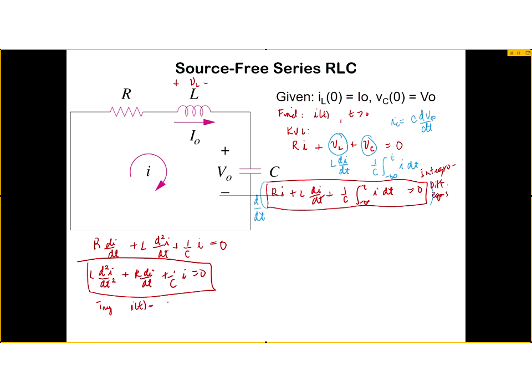What is the general form of an exponential function? Okay, so you have a constant multiplied by e to the st, right? Where a and s are constants. This is the general form of an exponential function. So we're going to try that. Why are we trying it? Because we suspect that it's a function that will satisfy this. Why? Because its first and second derivatives are also exponentials, and therefore they can potentially cancel each other.